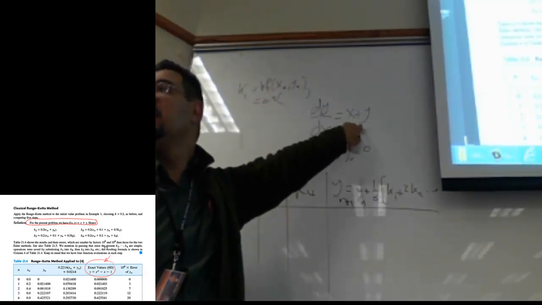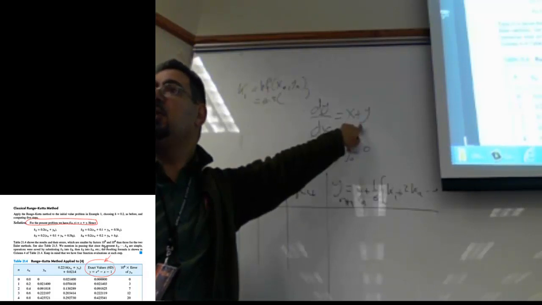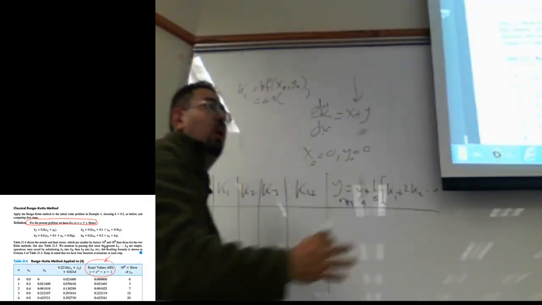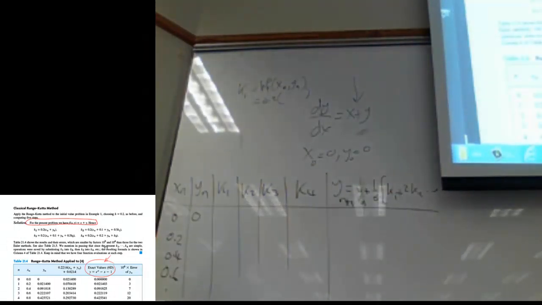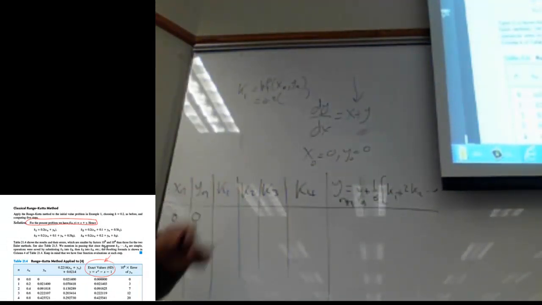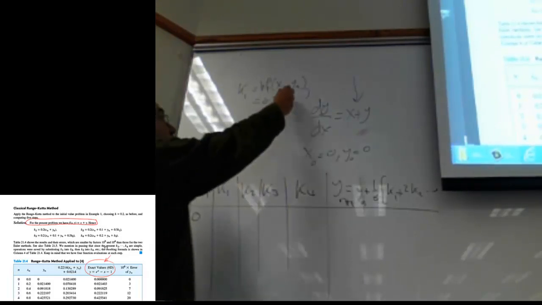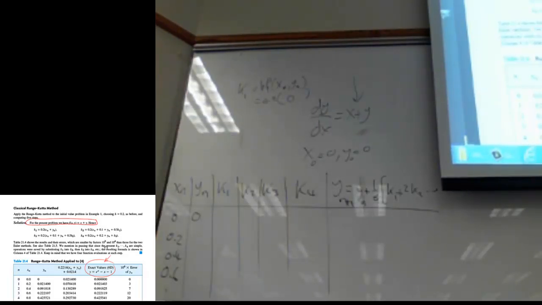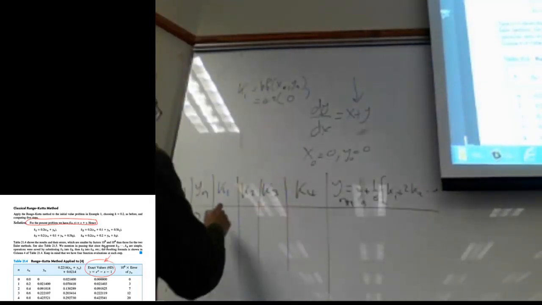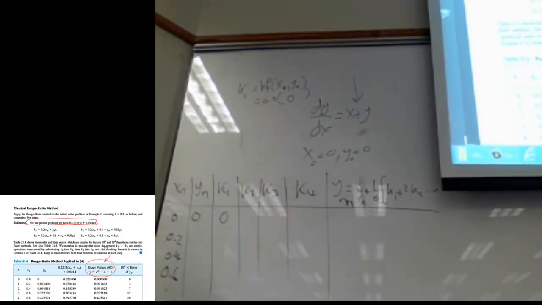That's simply x plus y. Whatever the function is, x plus y, x minus y, x sine y, you just plug in x naught and y naught. In this case, it's 0 plus 0. So that's 0. K1 is 0.